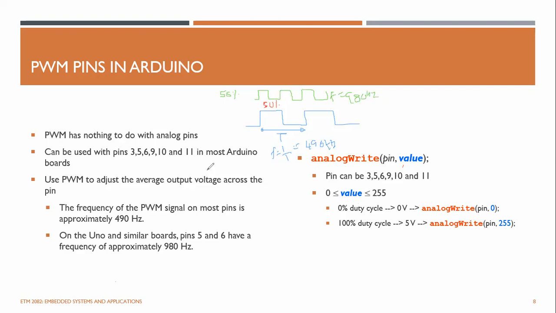So you can select the frequency based on your applications. If you want really fast operations, you can use pin number 5 and 6. If you want slow operations, if speed is not a factor, the frequency doesn't have anything to do with the speed, but due to the inductance and everything, sometimes you have to select the required frequency.